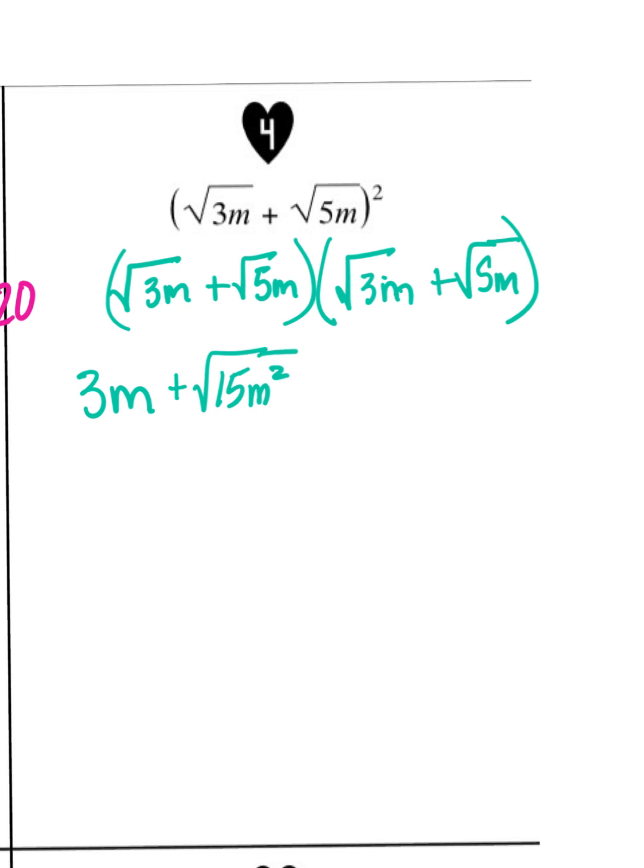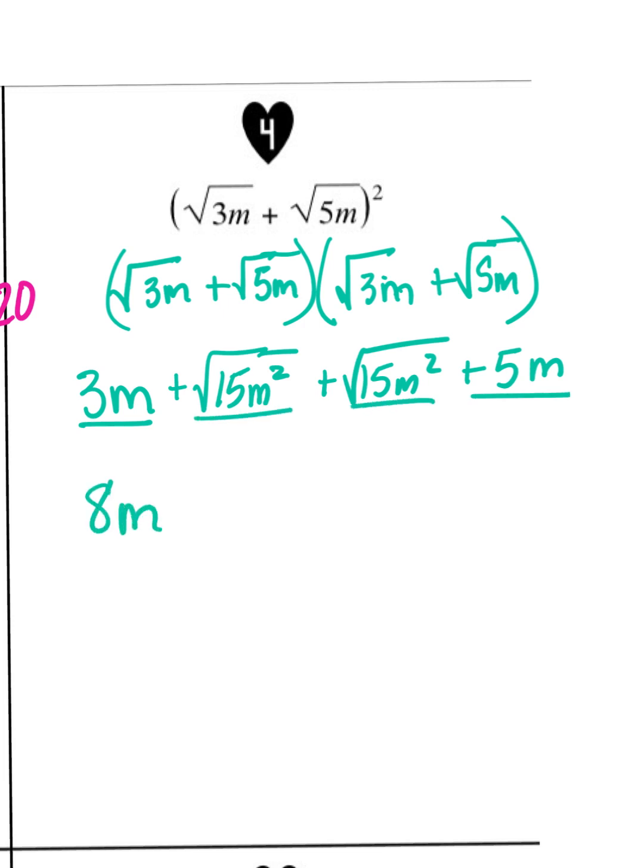Then you do the same thing with the 5m. The square root of 5m times the square root of 3m is the square root of 15m squared. Then the square root of 5m times the square root of 5m is 5m, because anytime you multiply a square root by itself, it's just the number. Now I'm going to add the 3m and the 5m, so that gives me 8m.